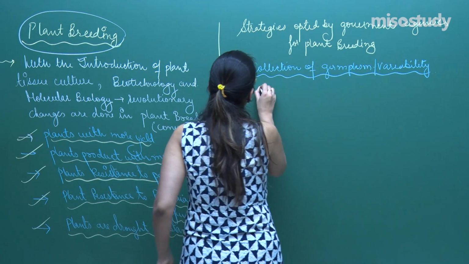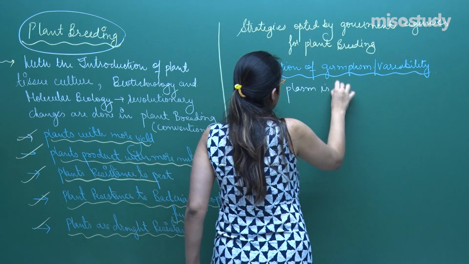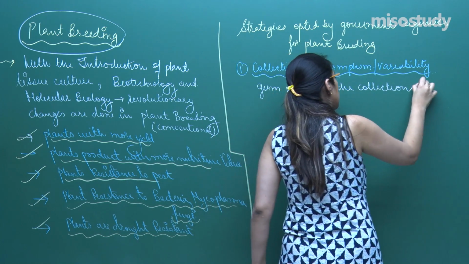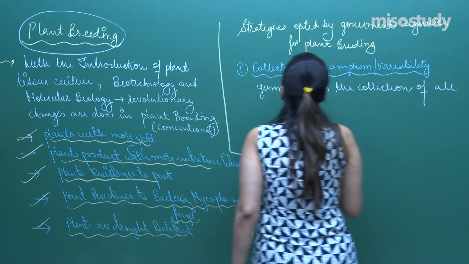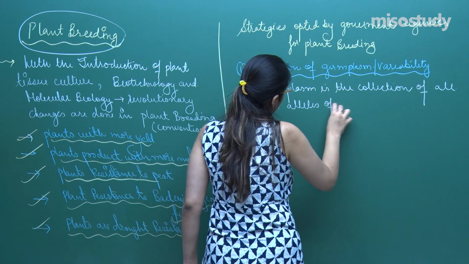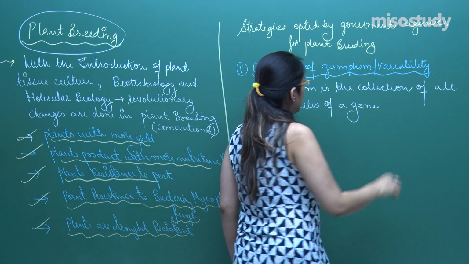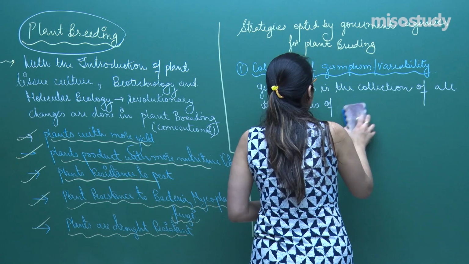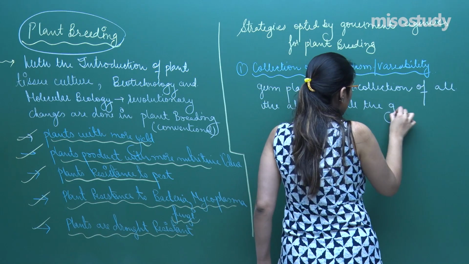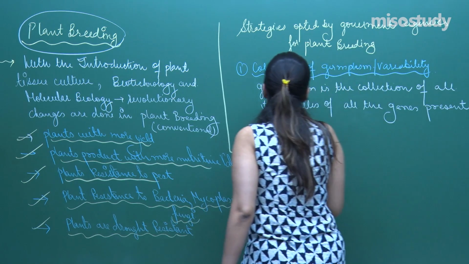So germplasm is the collection of all the alleles of a gene, all the alleles of different genes, of all the genes present in a species.